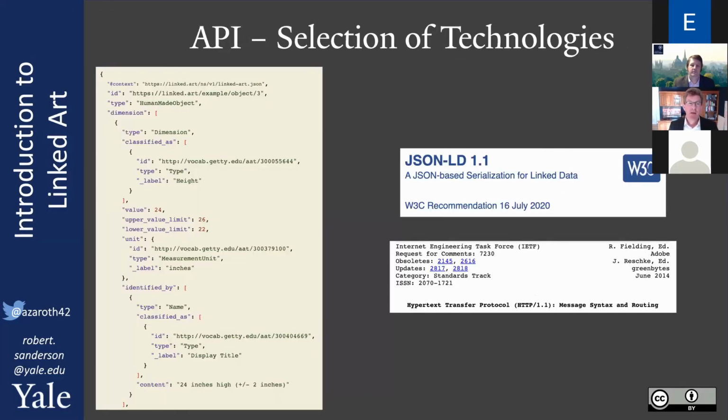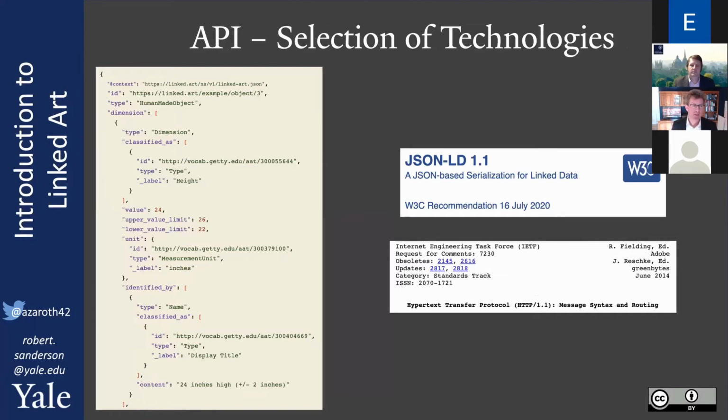So then the API is a selection of technologies, and we selected essentially JSON-LD, which is relatively new, as you can see. The 1.1 version was published this year in July. So it's a relatively new spec for publishing RDF and linked open data as JSON, which then helps to bring in that usability for the software engineering and implementations.